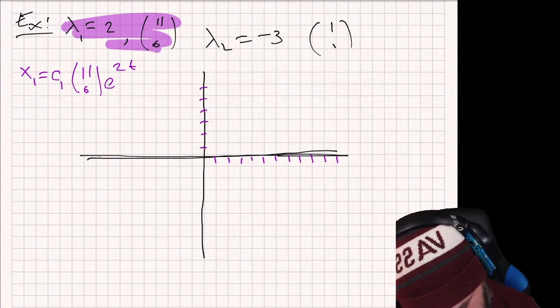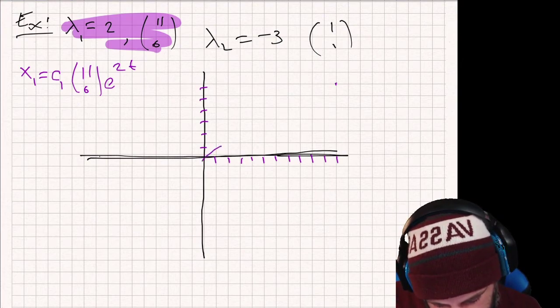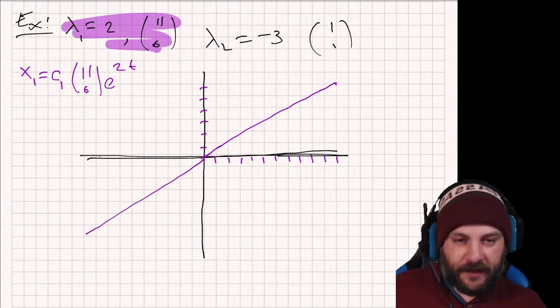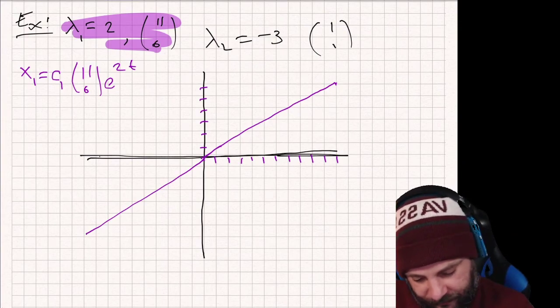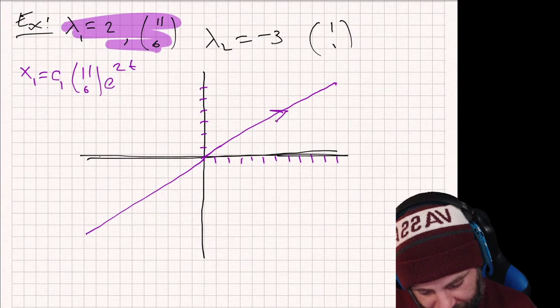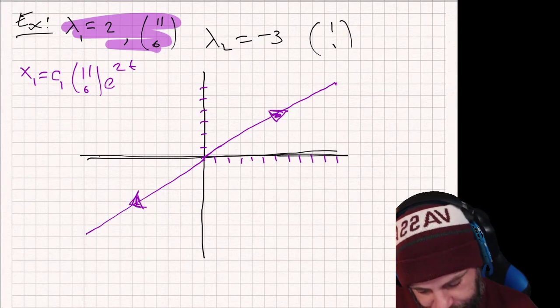Oh, I almost had it perfect by accident. Trying to draw a straight line. Oh, I did a good job. Okay, great. So that's my straight line solution right there. And my eigenvalue is positive, which means I'm growing away from the origin.